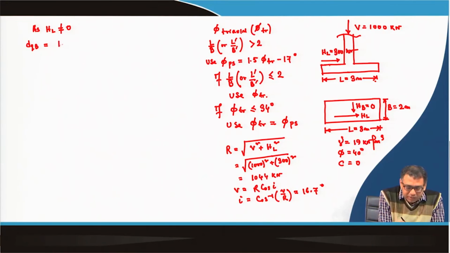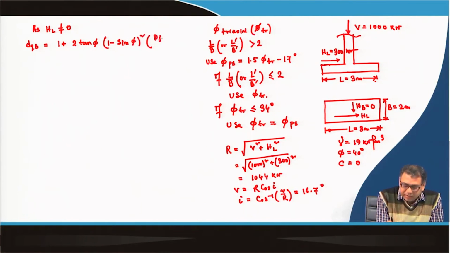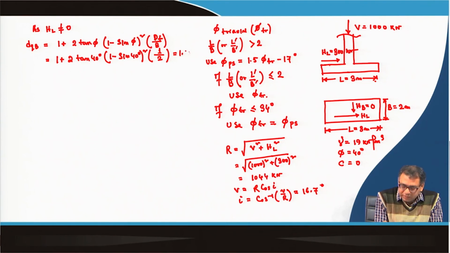So that is equal to 1 plus 2 tan phi, 1 minus sin phi to the power square, D f by B. So that is 1 plus 2 tan 40 degrees, 1 minus sin 40 degrees to the power square, into D f is 1 meter, B is 2 meters. So this is 1.107.